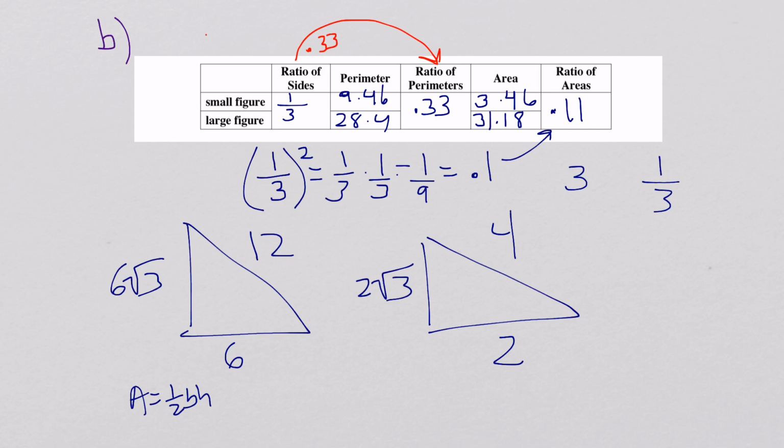It doesn't matter if it's a rectangle, a hexagon, anything like that. As long as they're similar, this relationship is true. Ratio of sides, ratio of perimeter, same. Ratio of sides to ratio of areas by a square.